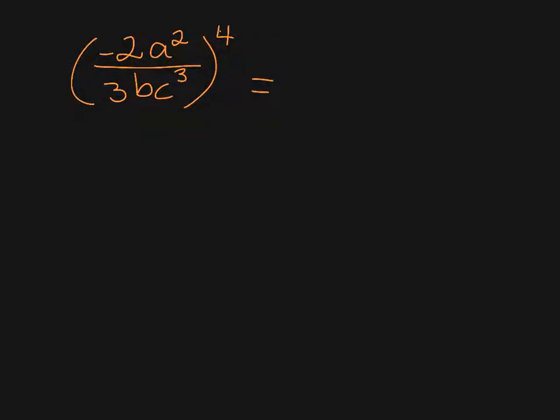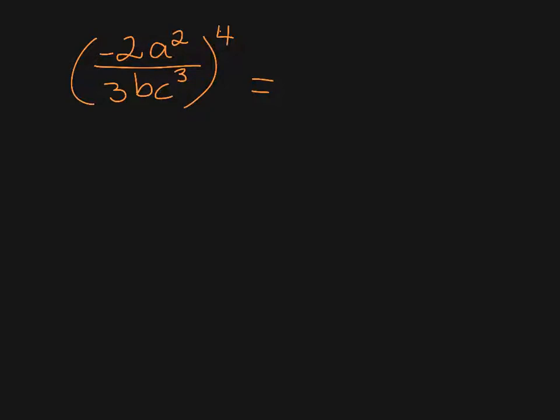Okay, so let's look at something slightly more advanced. Again, it's going to look a bit scary, but please just look at each part separately. So we have bracket negative 2 a to the power of 2 over 3 b c to the power of 3, close bracket to the power of 4. Okay, so let's just break it down first of all.